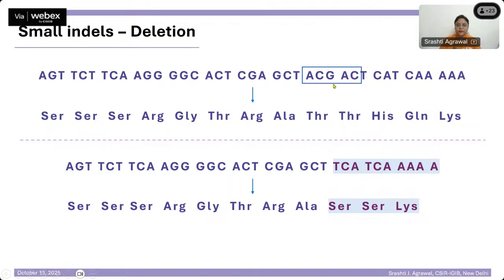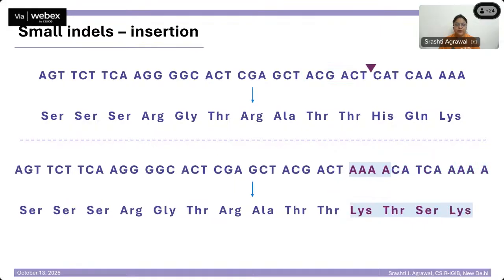For example, here we can see that there is a deletion of these 5 nucleotides, which has led to a shift of the frame. After this alanine, instead of this threonine, serine and lysine got incorporated. Also, the length of the protein got affected. So this is what typically happens in the case of deletions if it happens in the exonic area.